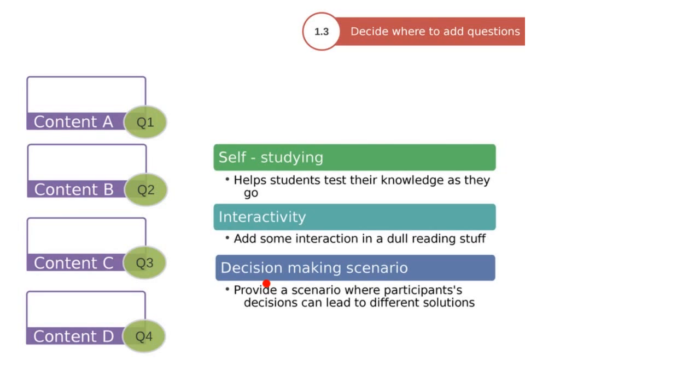And also, like this, we can build decision-making scenarios. For example, I provide some idea, and then it depends on the user which will be the end of the story.